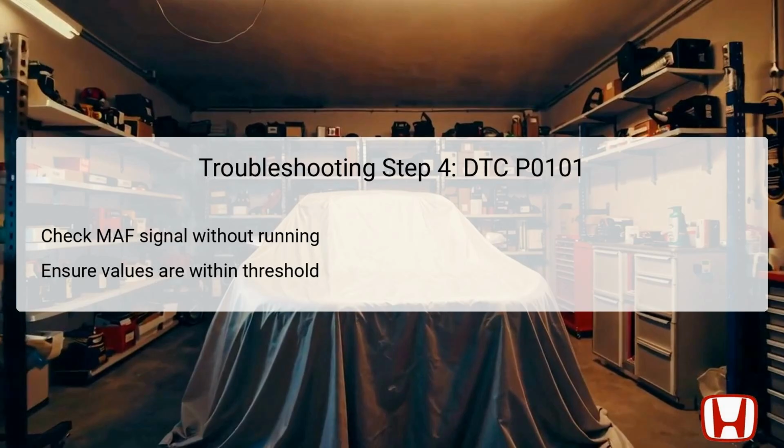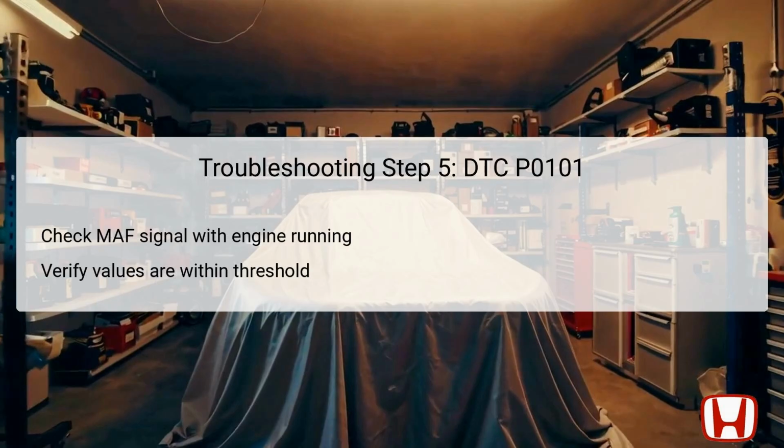Ensure that the current readings match the specified thresholds. If they do align, you will proceed to the next step. If not, this indicates a failure in the MAF sensor or IAT sensor that necessitates a replacement.